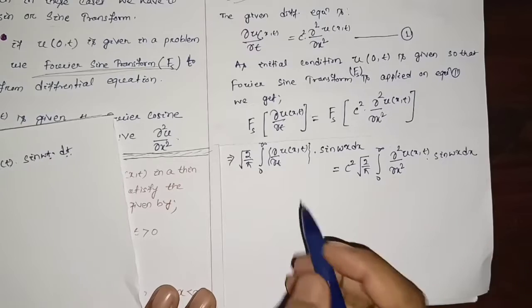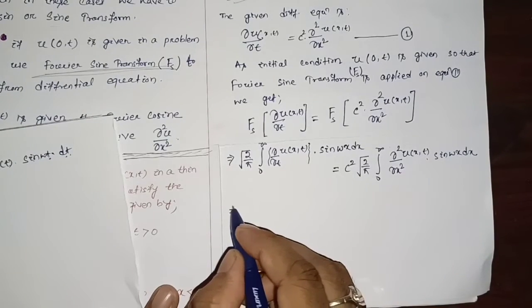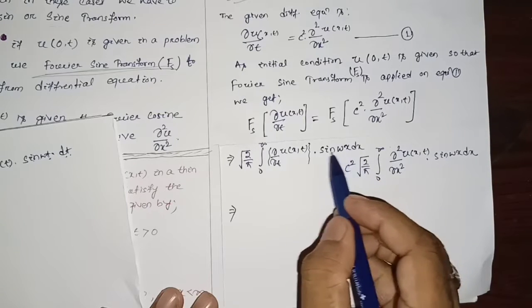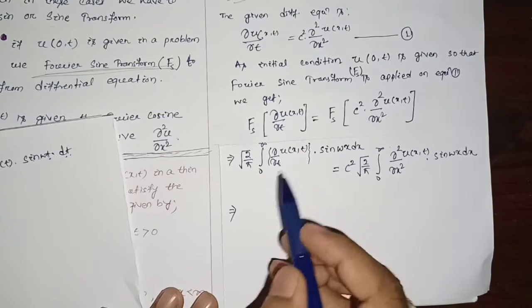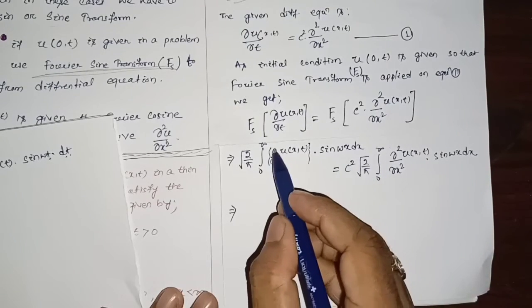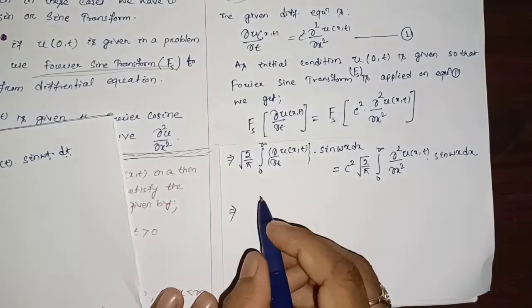now that implies, here you can see that Fourier sine transform is applied on x, and the integration is with respect to x. So del by del t can be taken outside.